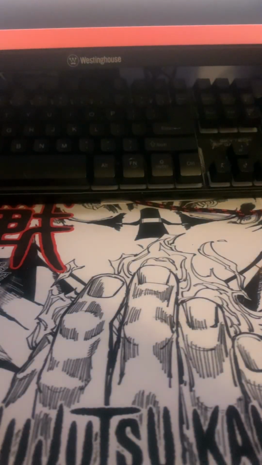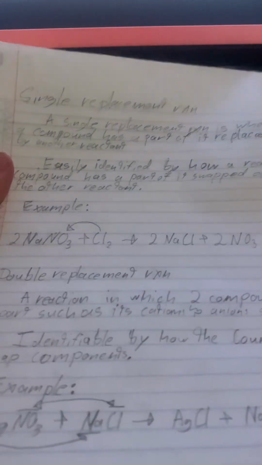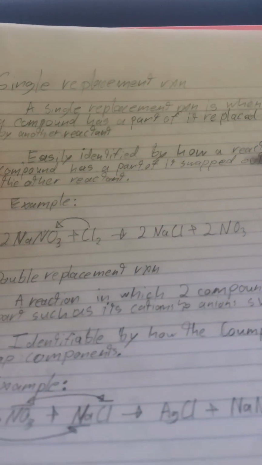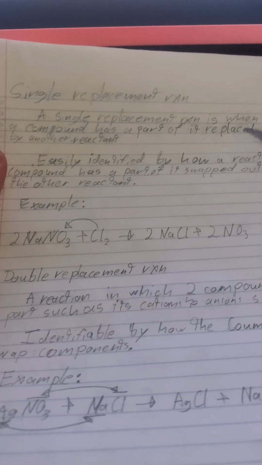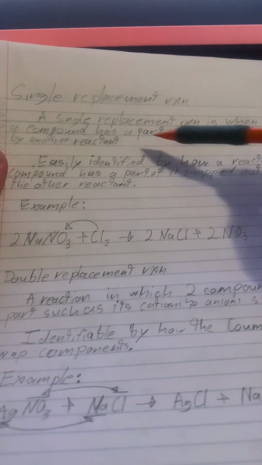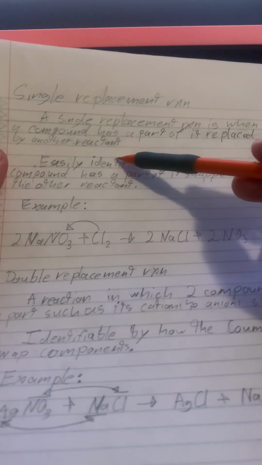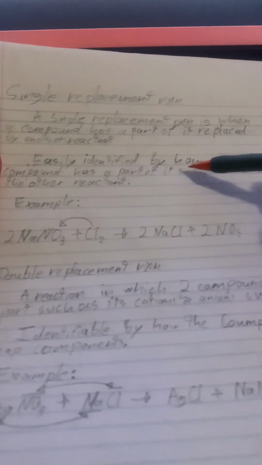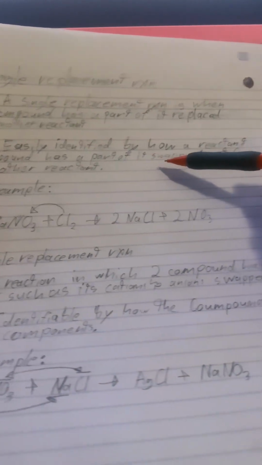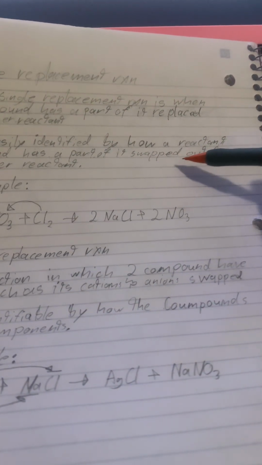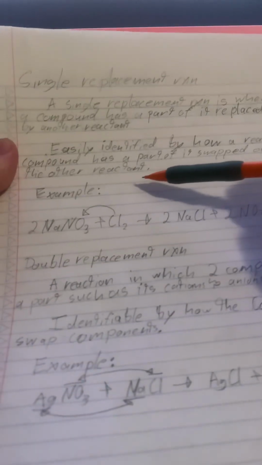Next up in the reaction list is single replacements. Single replacement is a reaction in which a compound has a part of it replaced by another reactant. Easily identified by how a reactant compound has a part of it replaced and swapped out for another reactant.